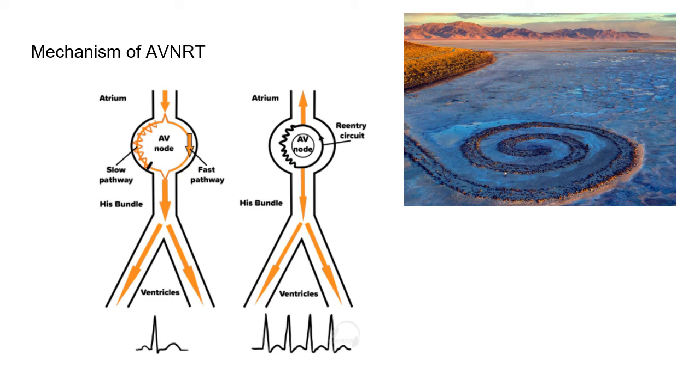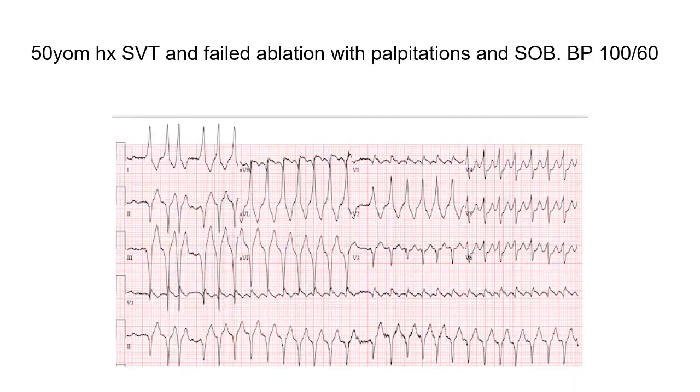The slow pathway results in a reentry, so you're circulating the same signal in the AV node, and it's coming back and causing your ventricles to fire, resulting in a supraventricular tachycardia, which will be narrow as long as there's no bundle branch block.